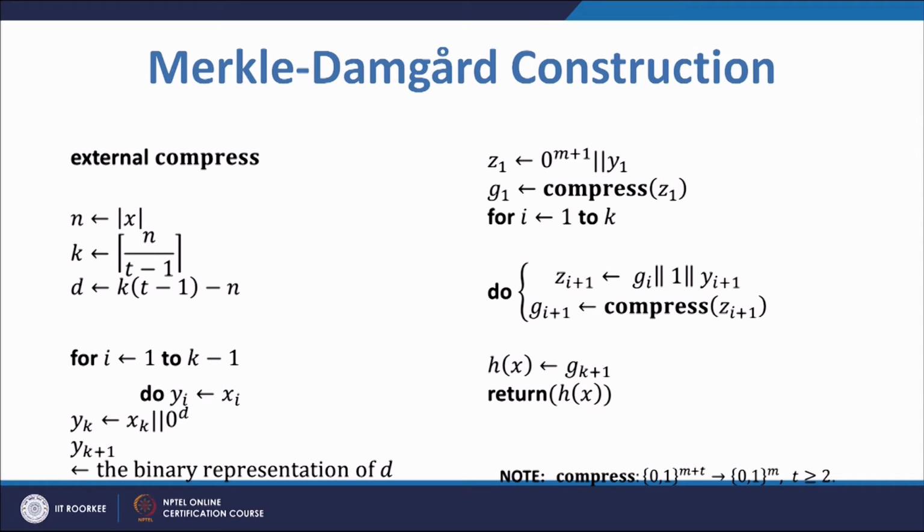and my compress function works for, wait a moment, yes, this is m plus 1 and this is t minus 1. So, you will have m plus t, my compress function is from m plus t to m.